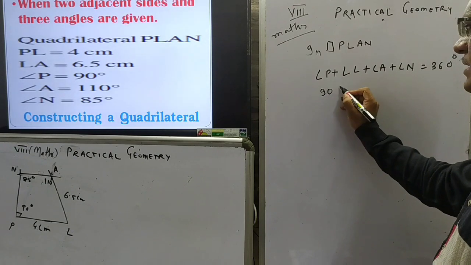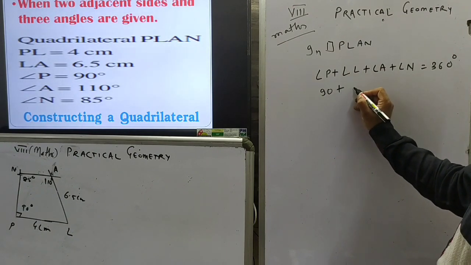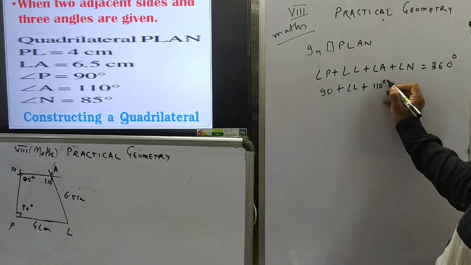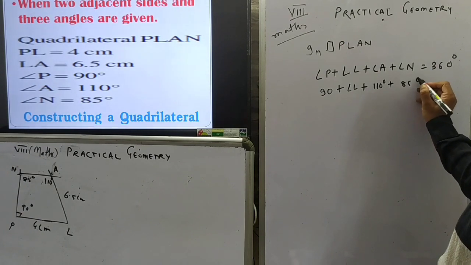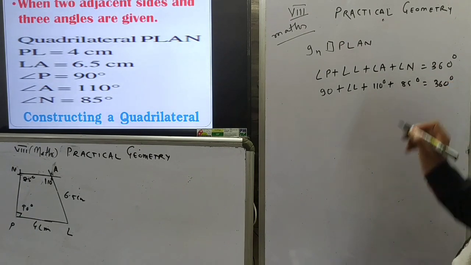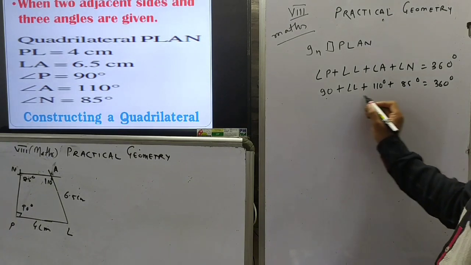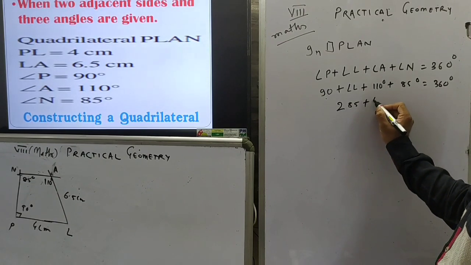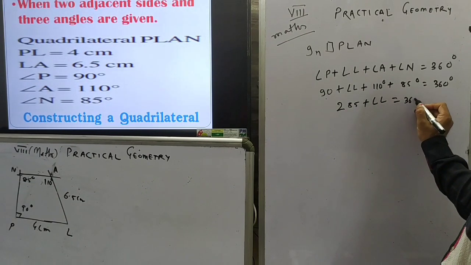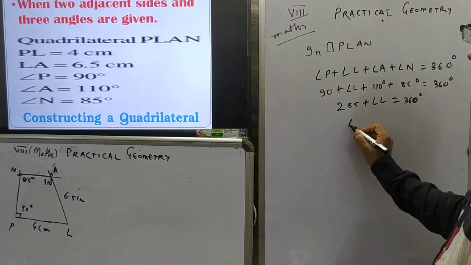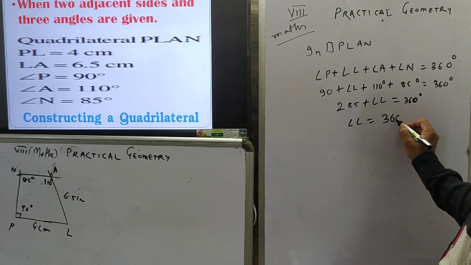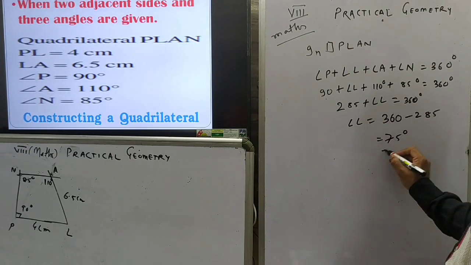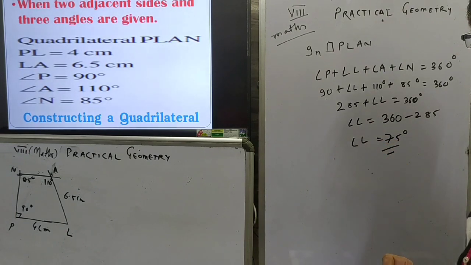Angle P is given 90 degree, angle L is unknown, angle A equals 110 degree and angle N equals 85 degree, and the sum is 360 degree. The sum of these three is 285. 285 plus angle L equals 360 degree. So angle L equals 360 minus 285, that is equal to 75 degree.